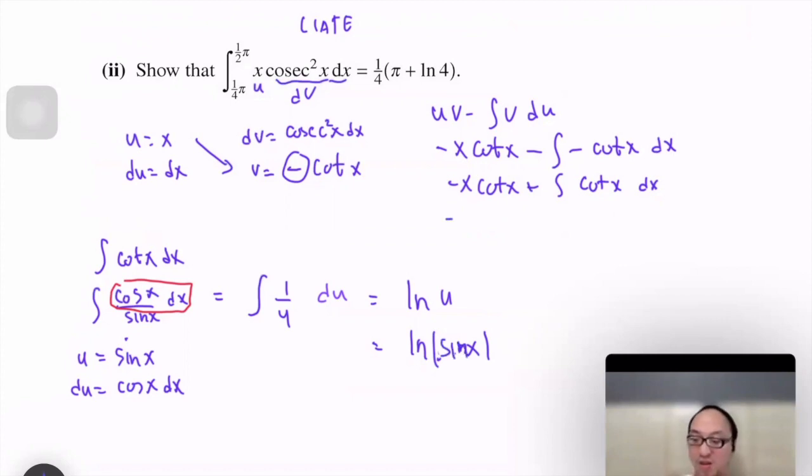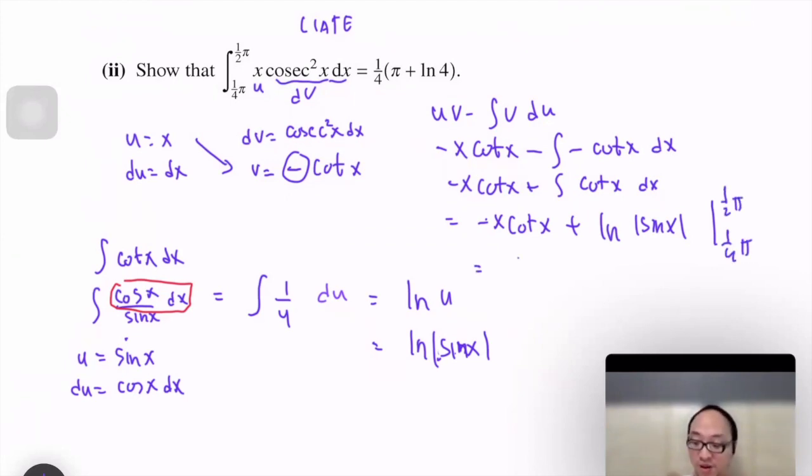So we can have the final answer here: minus x cotangent x plus integral cotangent, which is ln sin x. And then we put the boundaries 1 over 4 pi, 1 over 2 pi.